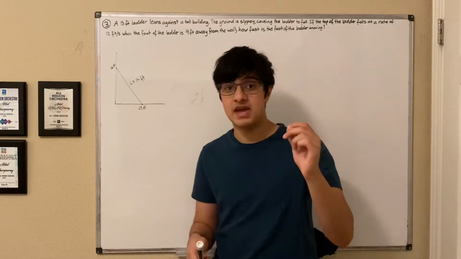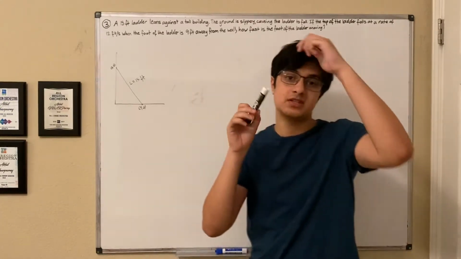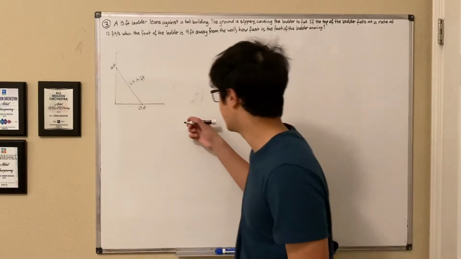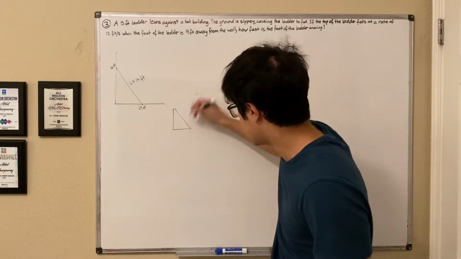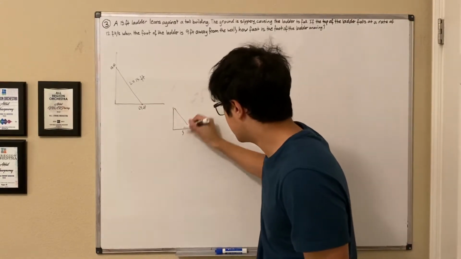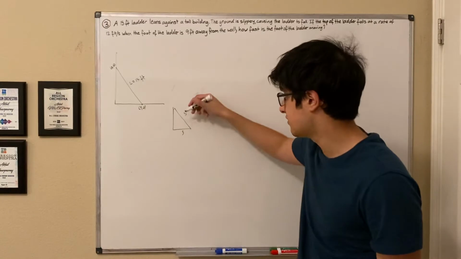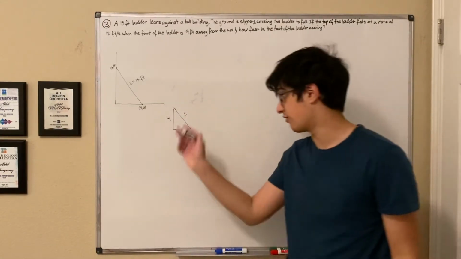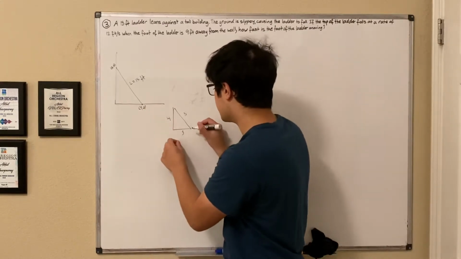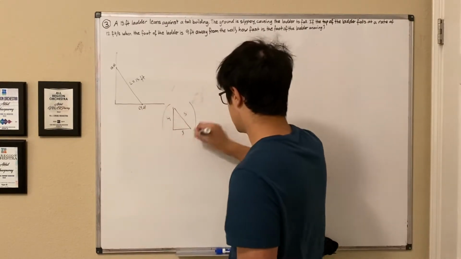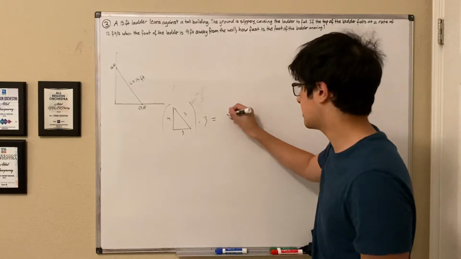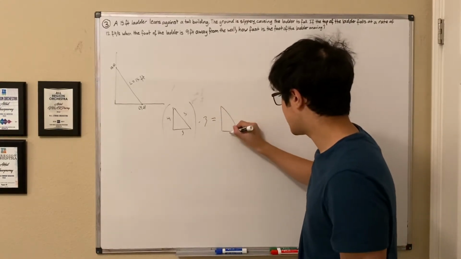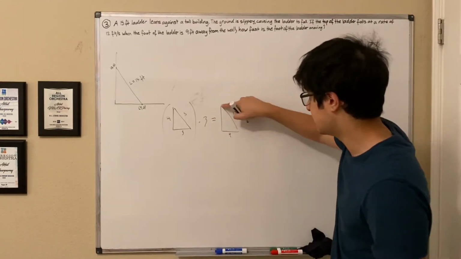If we have a triangle with a base of 3 and a hypotenuse of 5, this height has to be 4 because it's a 3, 4, 5 triangle. But notice, what if we multiplied all of this by 3? We would get a triangle that's 9 feet, 15 feet.